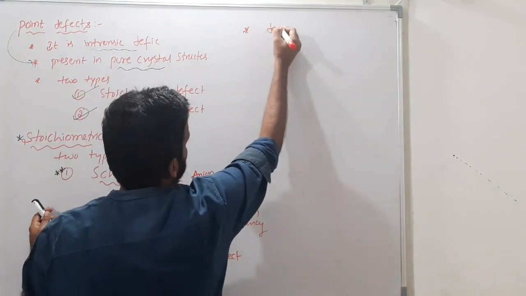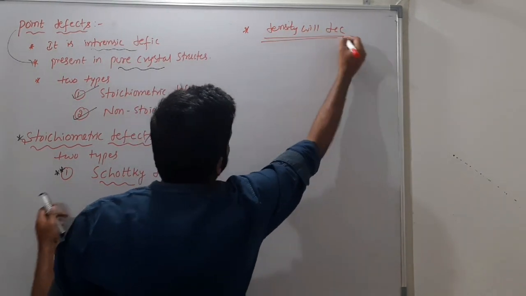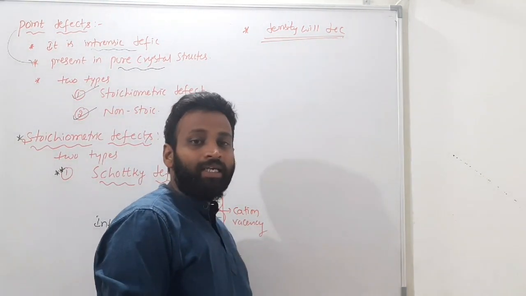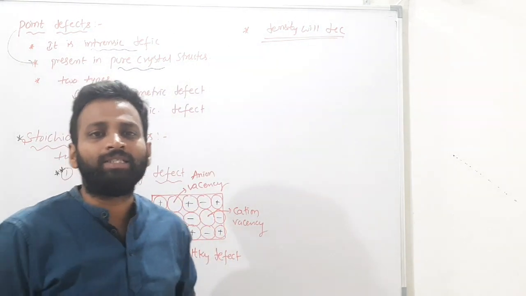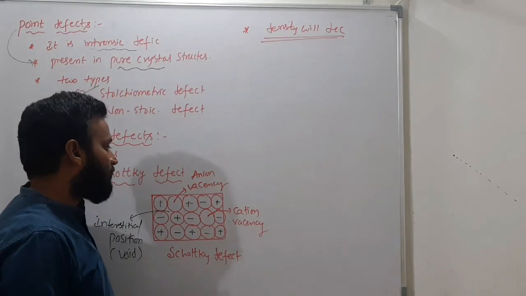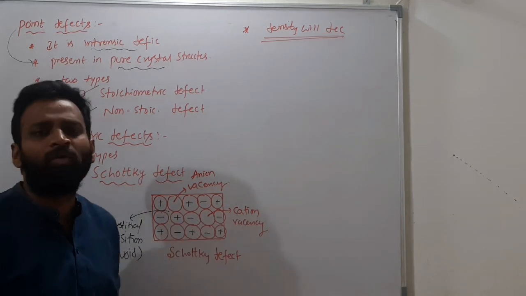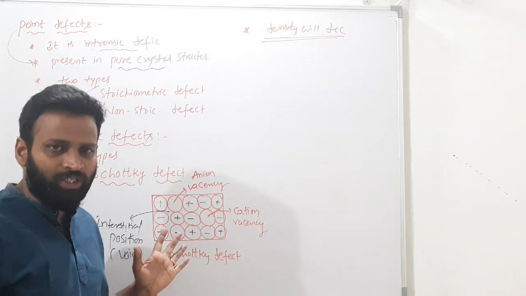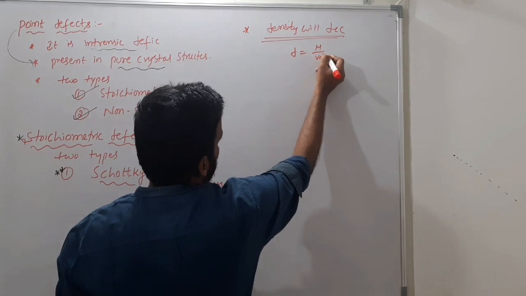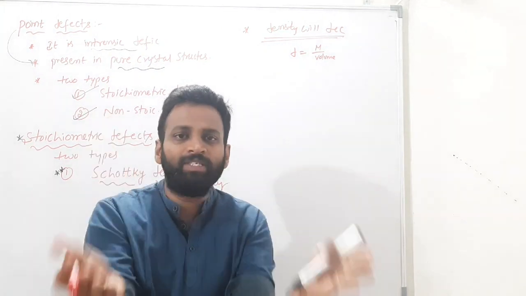In the Schottky defect, density will decrease. Due to this defect, what happens to density? Density decreases. Why does density decrease? Because mass decreased. Why did mass decrease? Because some cations and anions were removed, so the mass changes. Volume won't change. Density is mass by volume, and volume won't change because it is a crystal lattice, which means a solid.